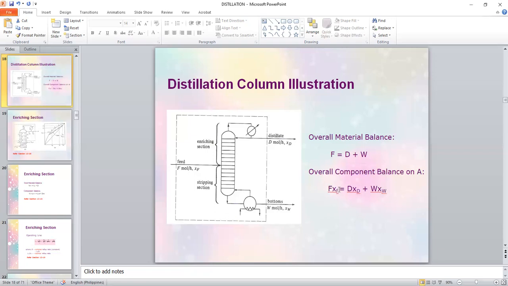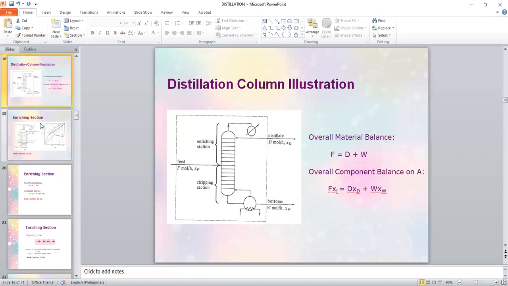So this is the mole fraction of A in the feed, the mole fraction of A in the distillate, and the mole fraction of A in the bottoms liquid. This we set up initially, so we always start our calculations analytically using these material balance equations.